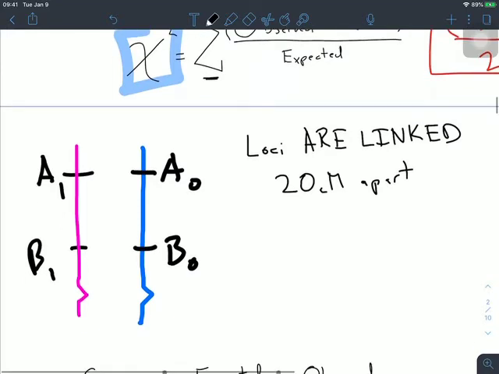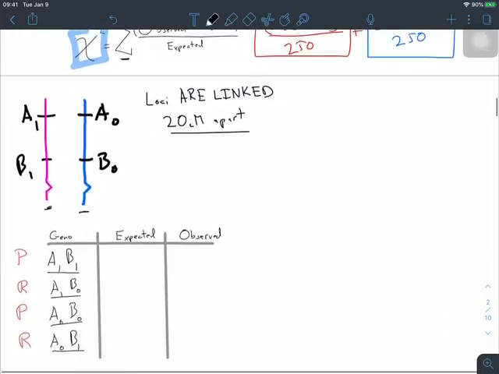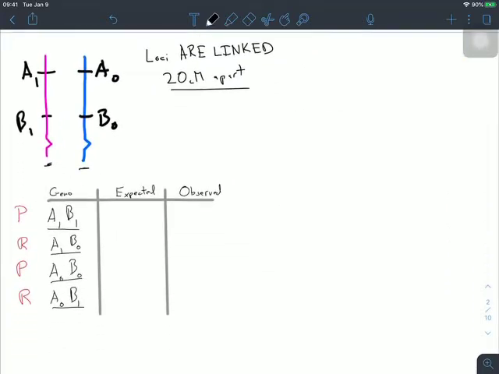So we assume that they are linked together and that they are 20 centimorgans apart. So I want you to determine, based on our observations, whether I am lying to you about them being 20 centimorgans apart. So what will this do to the structure of our problem?